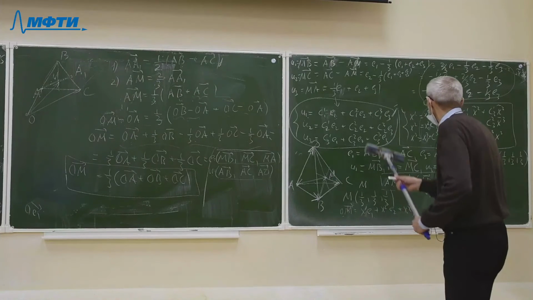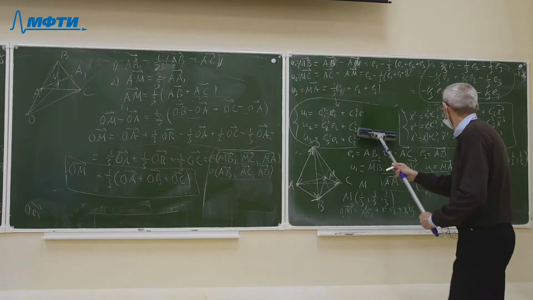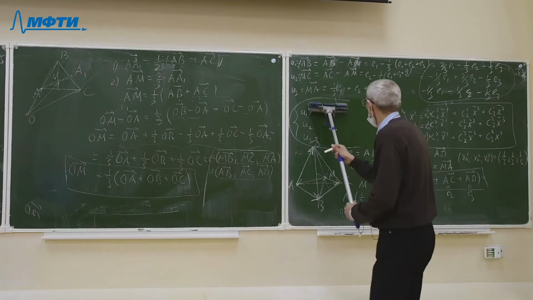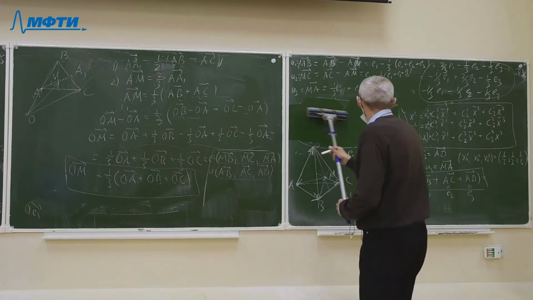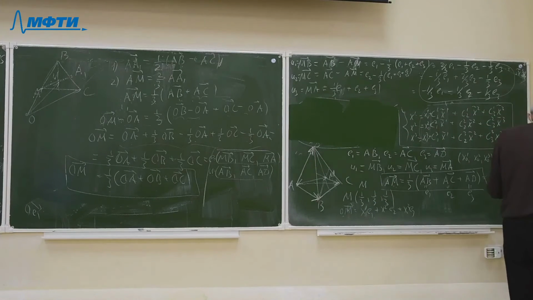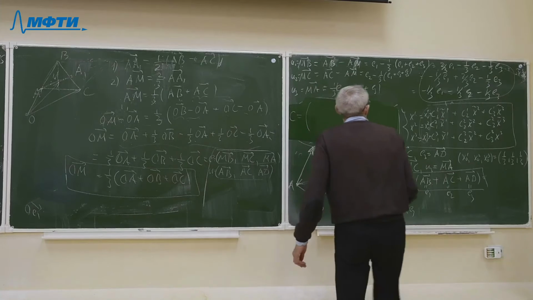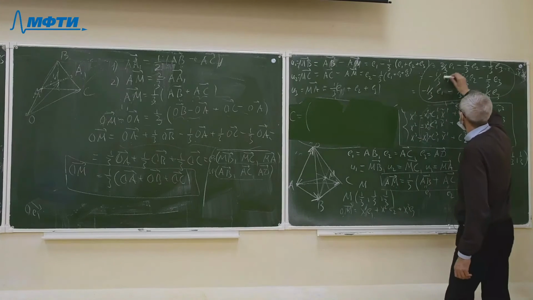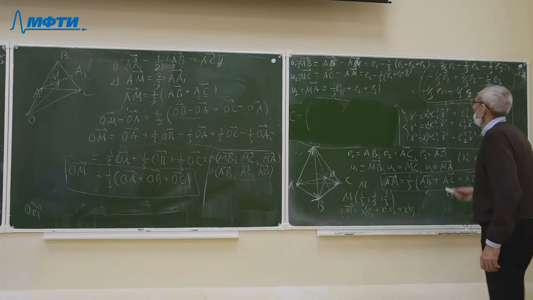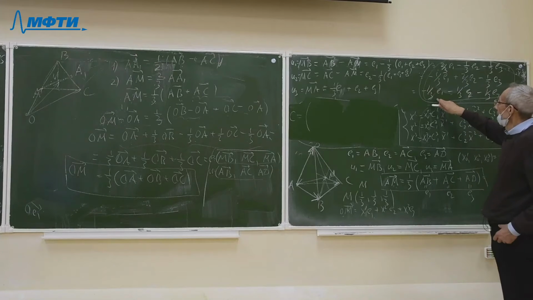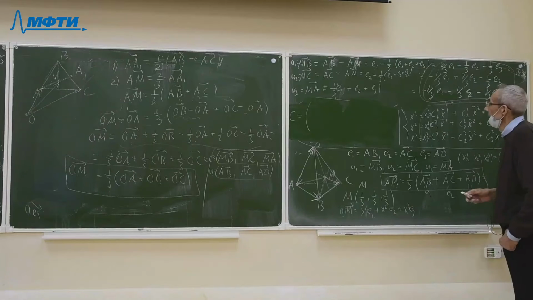And matrix C is equal to these numbers, which we see written in the column.